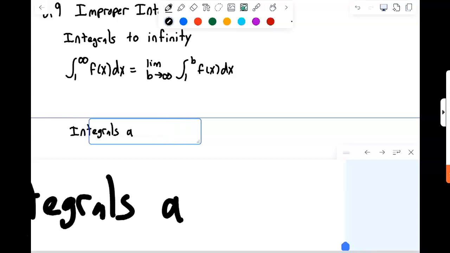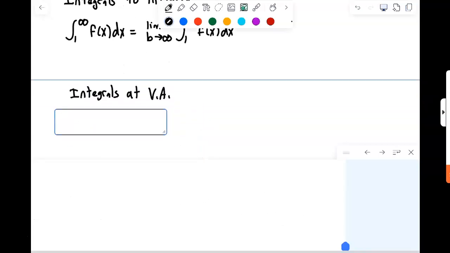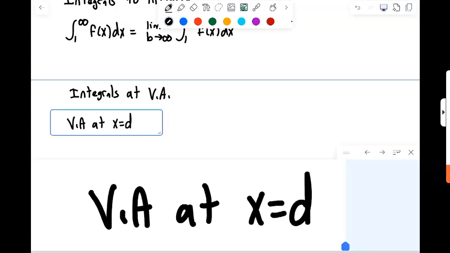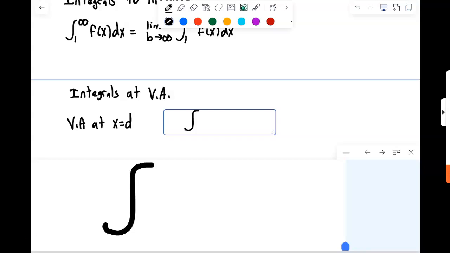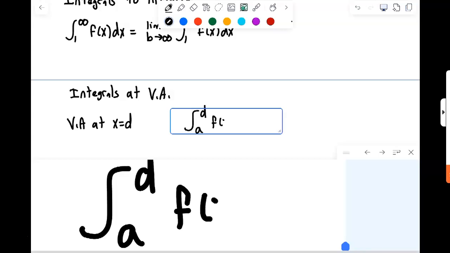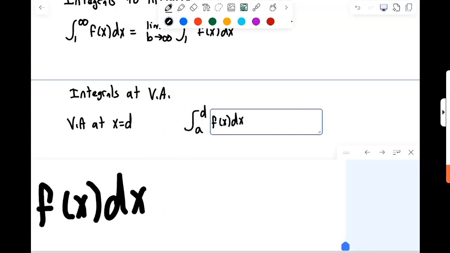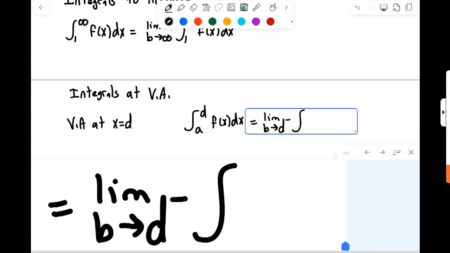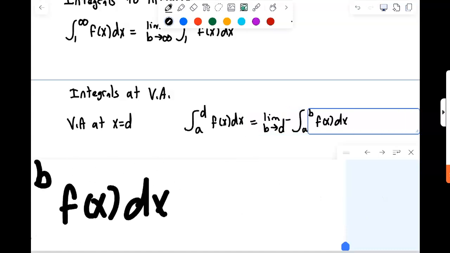That would be a situation like this, where we have a vertical asymptote at x equals d, and let's say that we're doing the integral from a to d of our function. Then remember the way we did that is we took the limit as b approaches d, this time from below, of the integral from a to b of f of x dx.